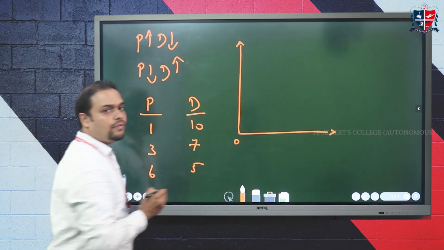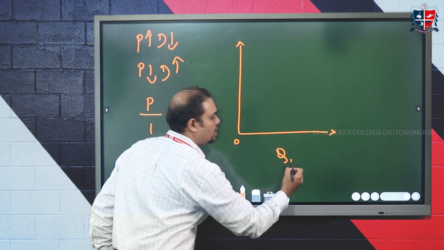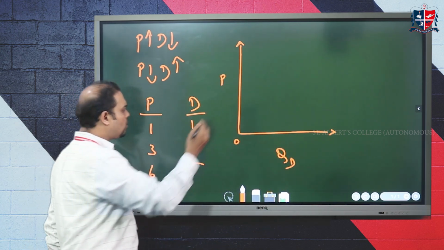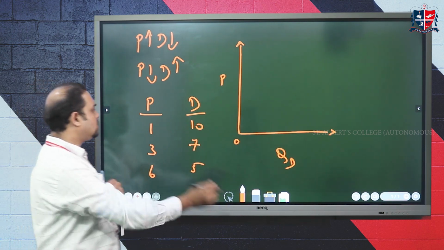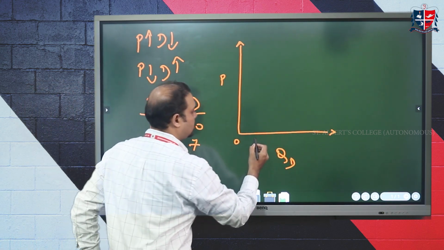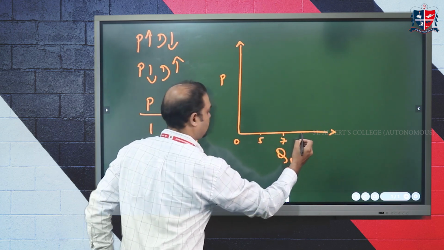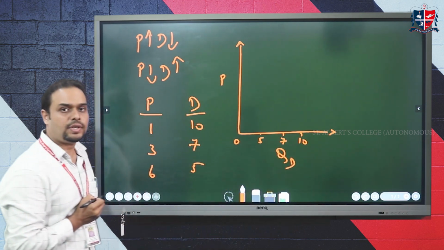Whenever you write on this axis, you always write it as quantity demanded. And this is your price. I'm going to put simple numbers here so that you can understand how a graph is plotted. I'm going to start with the demand: 5, 7, and then 10.